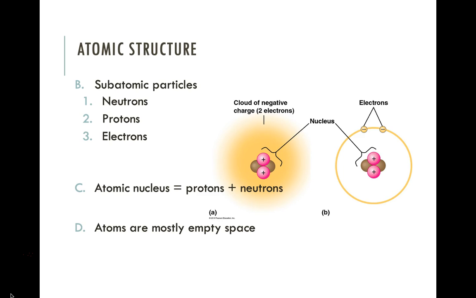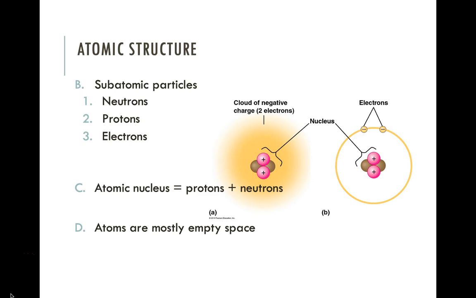So protons and neutrons weigh roughly the same. They make up the majority of the mass of an atom, and so they're the heaviest part of the atom. Protons are positively charged. We can see that reflected there in the pink circles in our diagram. Neutrons have no charge.